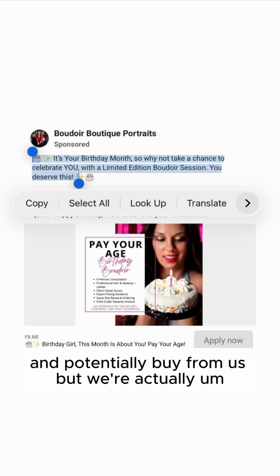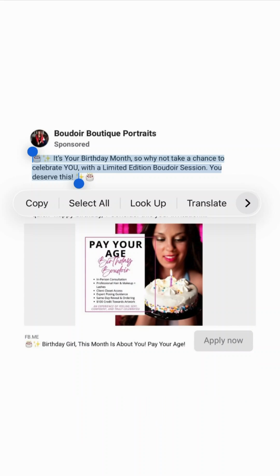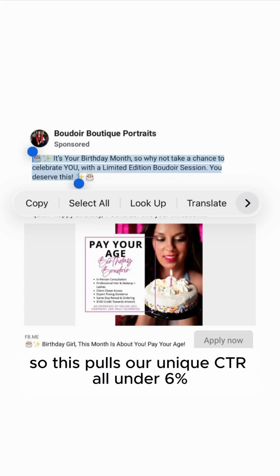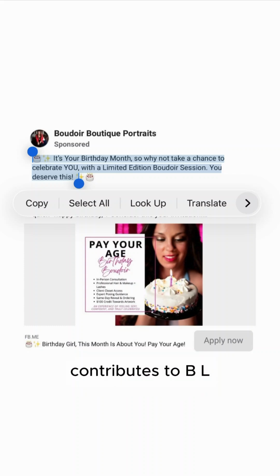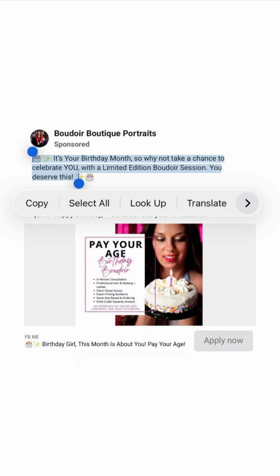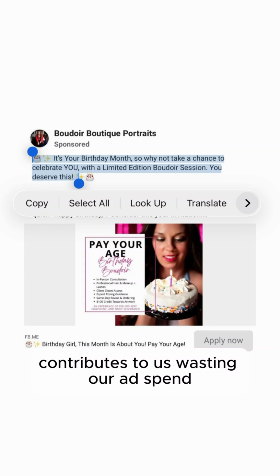But the way we set it up, we kind of force them to keep scrolling on by. So this pulls our unique CTR under 6%, contributes to BLCS, aka Boudoir low click syndrome, and contributes to us wasting our ad spend.